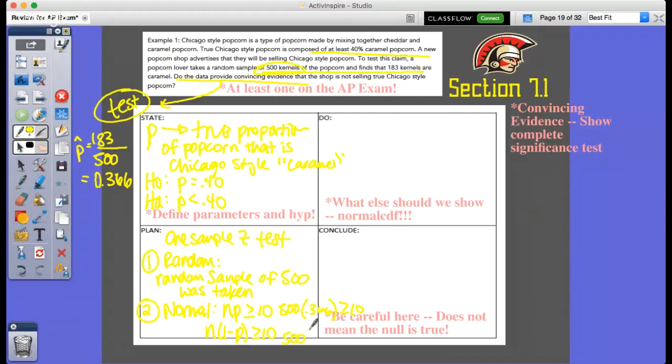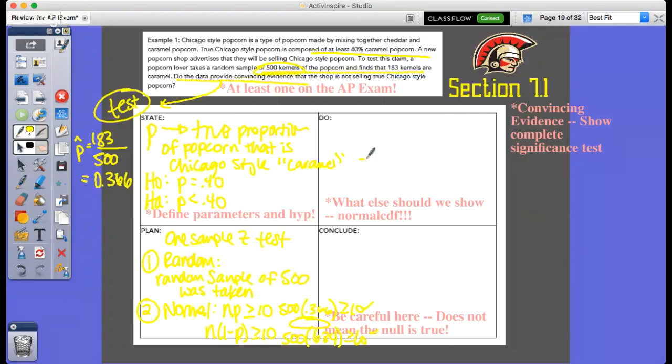And 500 times 1 minus 0.366, which is failing, that would be 634. And that too is greater than or equal to 10. So what we would do there is just simply plug it in, and again, make sure you put what the total is on there. But we can say that this does in fact approximate this as normal.